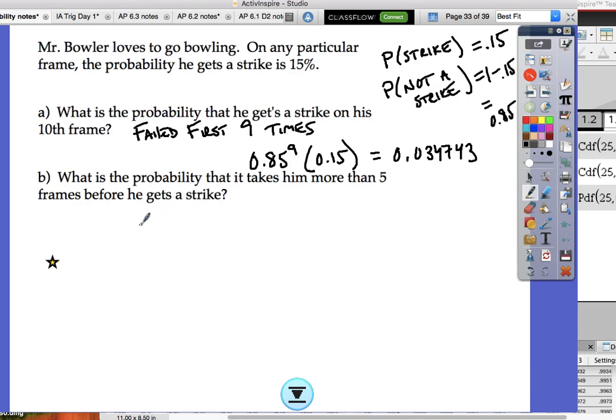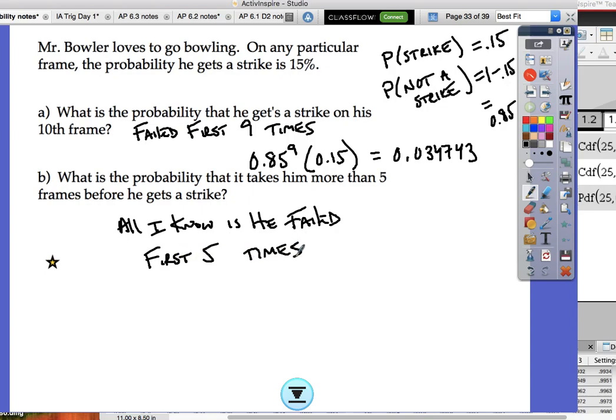What's the probability that it takes him more than 5 frames before he gets a strike? I don't know when the strike happened. All I know is he failed the first 5 times. So that would be failing to the 5th power.